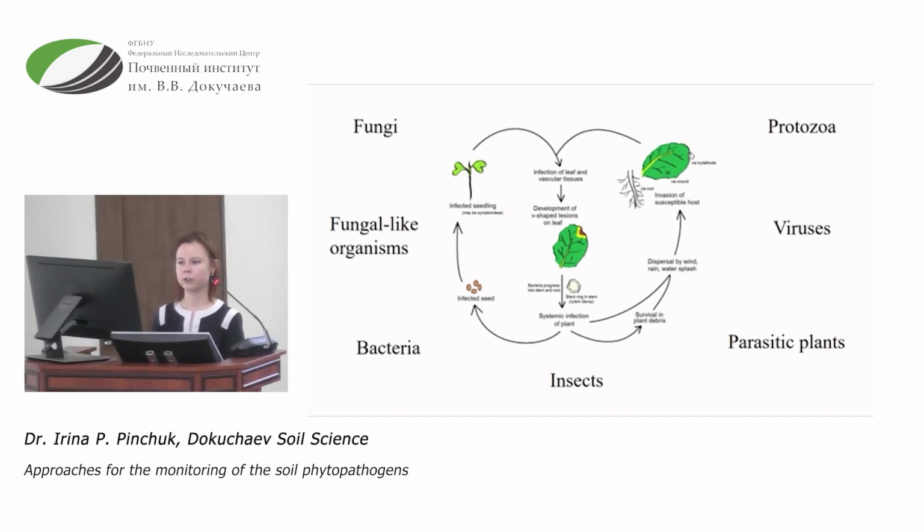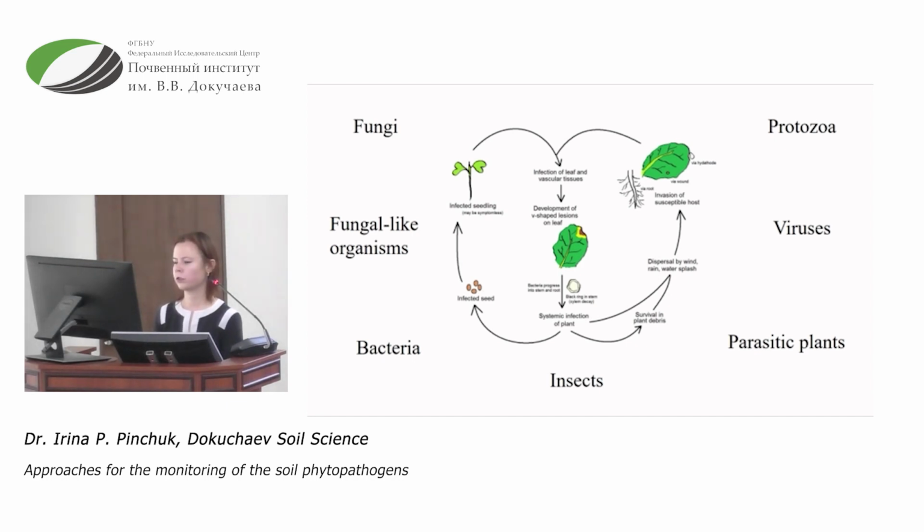We can distinguish also fungal-like organisms like oomycota, and they are also very important for distinguishing pathogens. The smaller group is bacteria. It's not much, but of course they exist, like Erwinia or Streptomyces or something else.